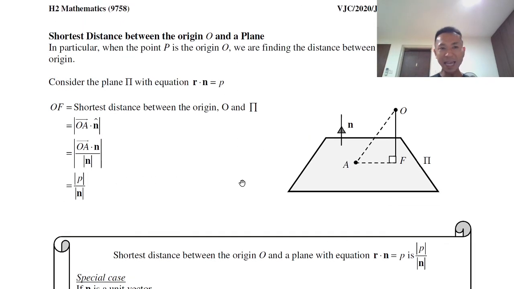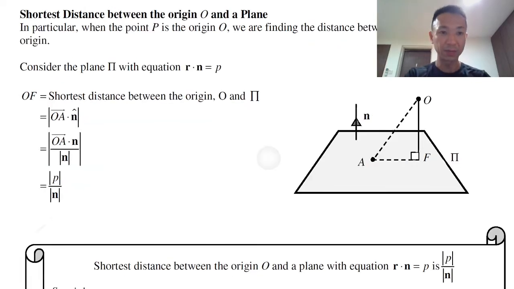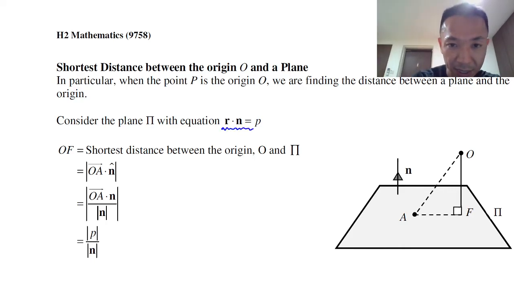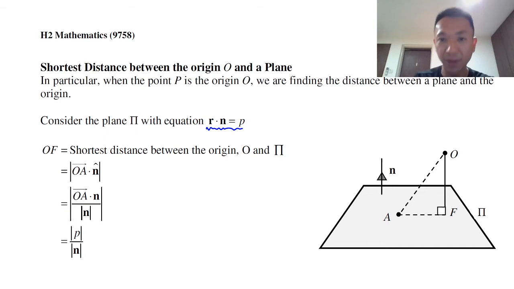Now, in particular, I do want to raise this special case here. What if sometimes the question asks, find the shortest distance between the origin and the plane? What is special about the origin? It's just another point. But I want you to pay very close attention here. If I want to find the shortest distance between the origin, let's consider this equation of the plane. In general, we must be comfortable with this: n is some vector, p is some number.